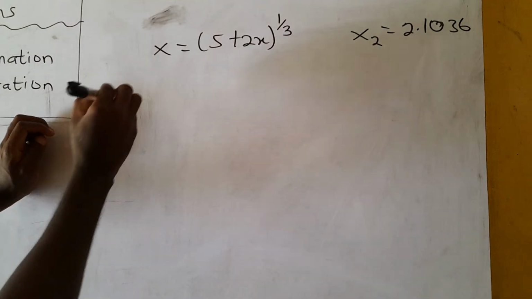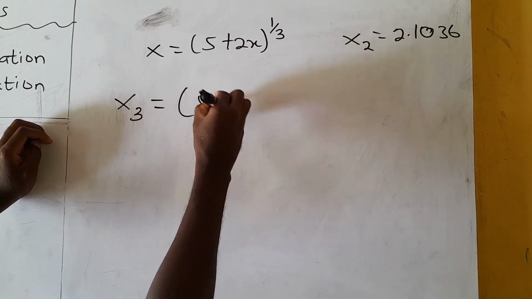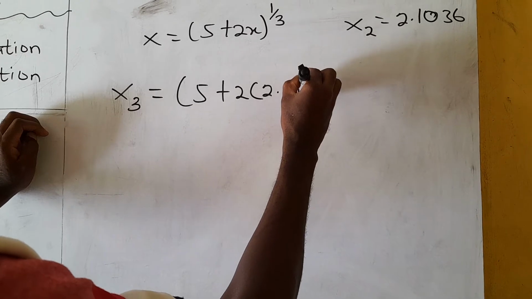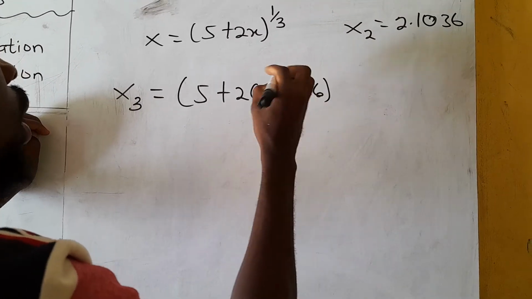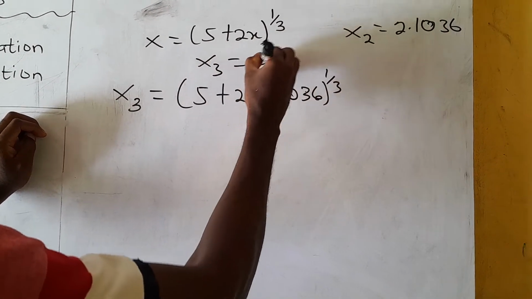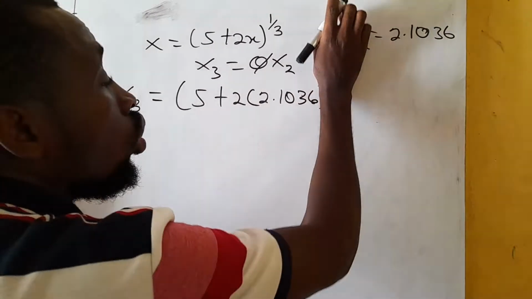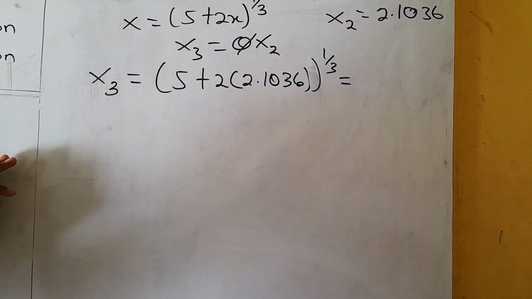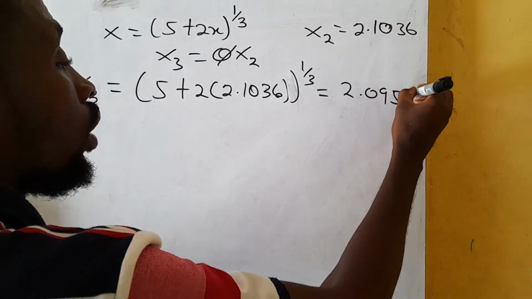So we find our x3. Our x3 will be equal to (5 plus 2 times 2.1036) exponent 1/3. Thus, our x3 will be the substitution of x2 in place of x. So when we do that very well, we'll get our x3 to be 2.0959.